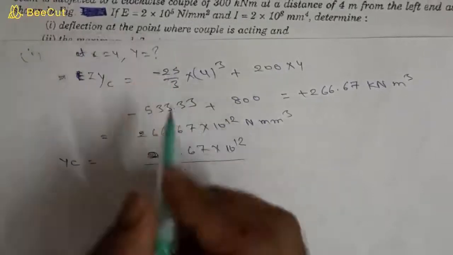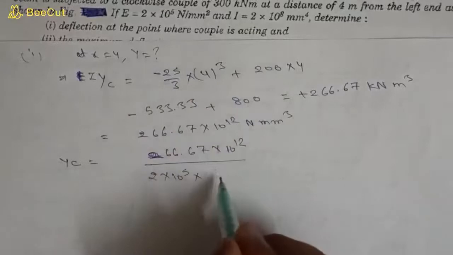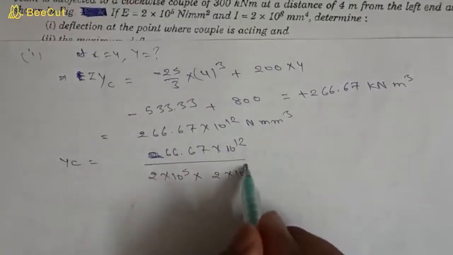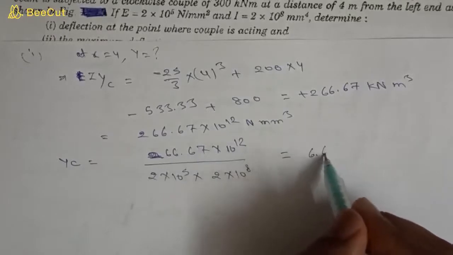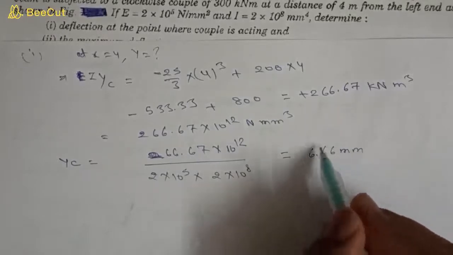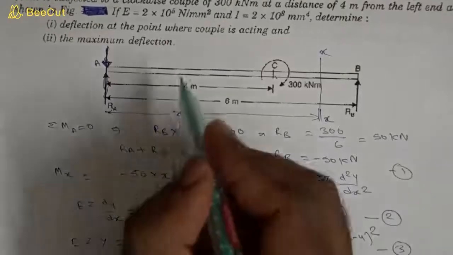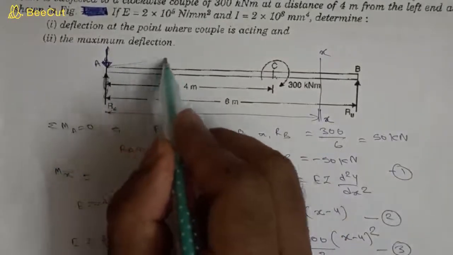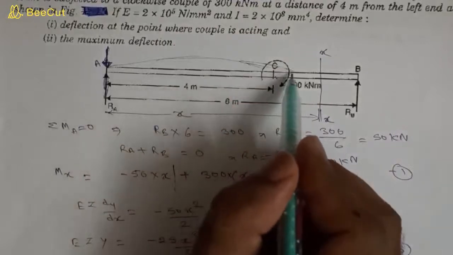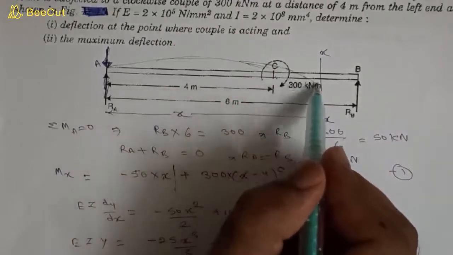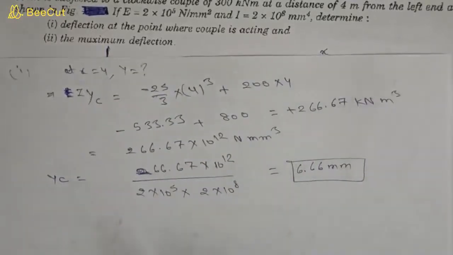E is given as 2 into 10 to the power 5 and I is given as 2 into 10 to the power 8. If we divide this, then you will get 6.66 mm. It is coming positive, means deflection will be upward. So you will get deflection like this. So deflection is 6.66 mm.